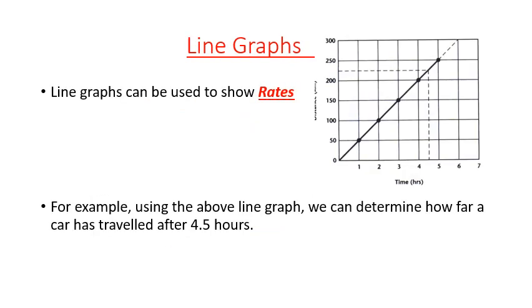Now we can also use line graphs to help us calculate rates, and we can do this because a line graph compares two different quantities. You can see here we have time, and this is distance in kilometers. So for example, using the above line graph, we can determine how far a car has traveled in 4.5 hours. We go across the hours till we get to 4.5, then we go up.